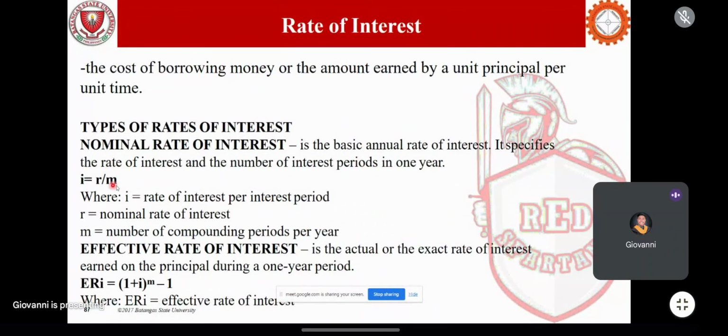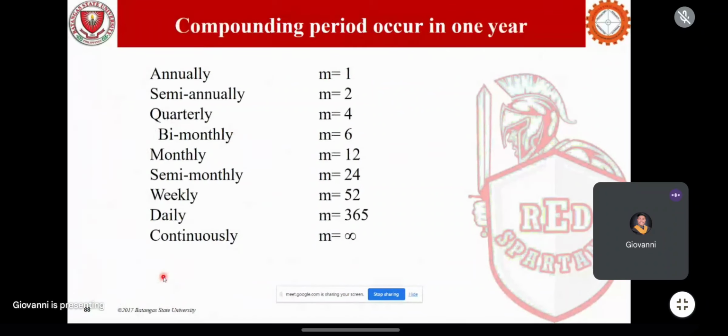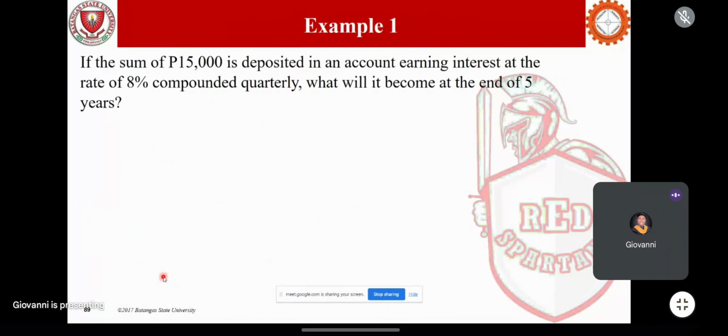Again, when you divide i by m, kailangan rin po natin siyang lagyan ng open-close parenthesis sa ating M. Okay, for example, intindihan natin.